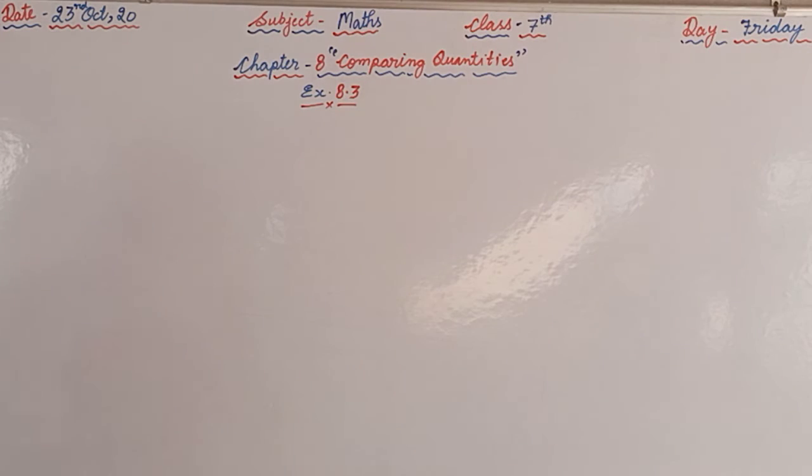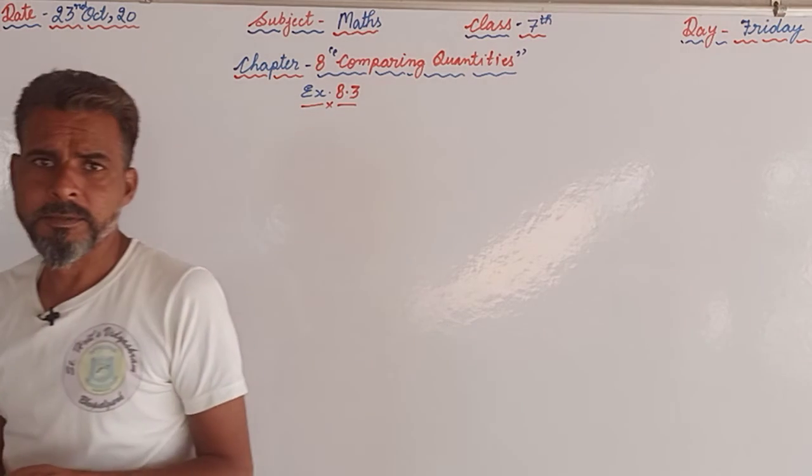So exercise 8.3, question number 1. Tell what is the profit or loss in the following transactions. Also find profit percent or loss percent. So first of all we should understand some terms.